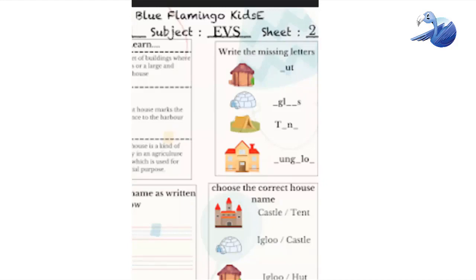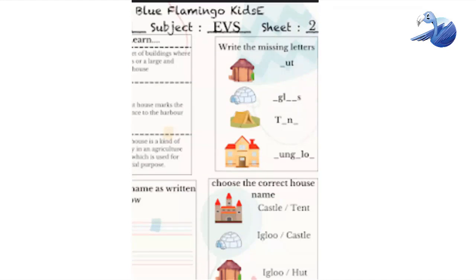I-G-L-O-O, igloo. Next is igloo or hut. This is a kacha house and it is known as hut. H-U-T, hut. Next is bungalow.